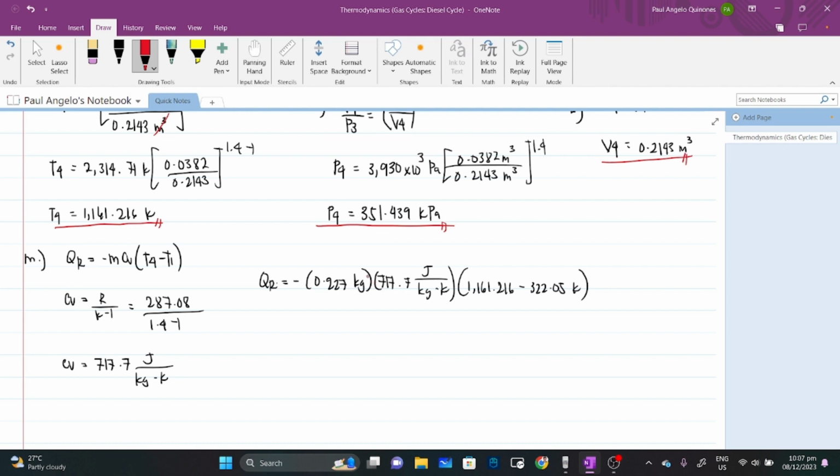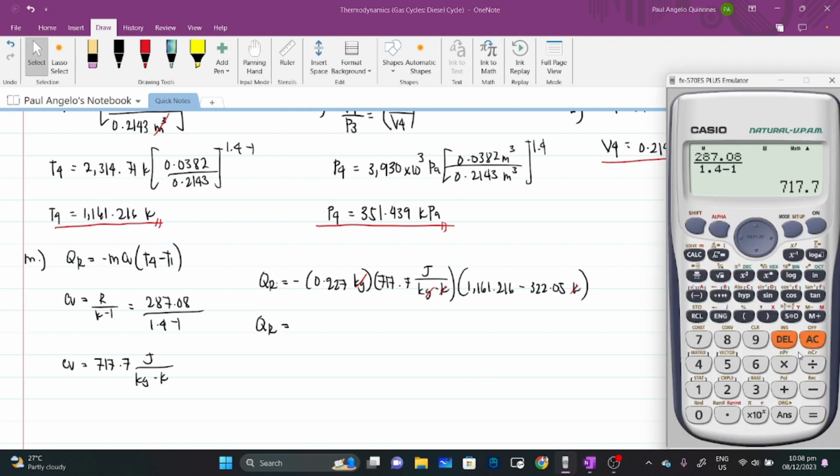So kilogram and Kelvin cancel out. So we have QR, or the heat rejected, equal to negative quantity 0.227 times 717.7 times 1161.216 minus 322.05.